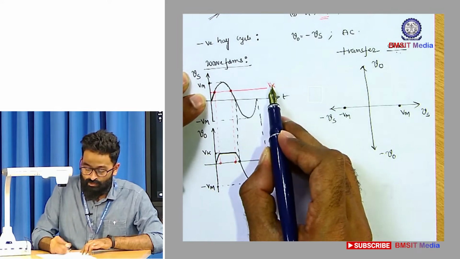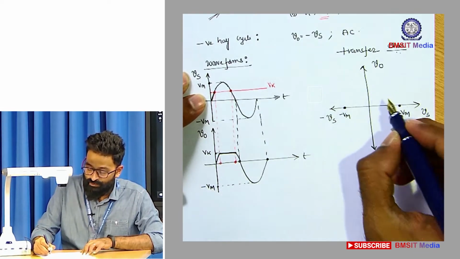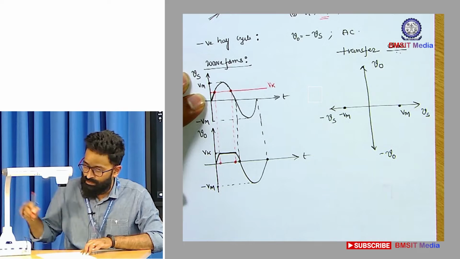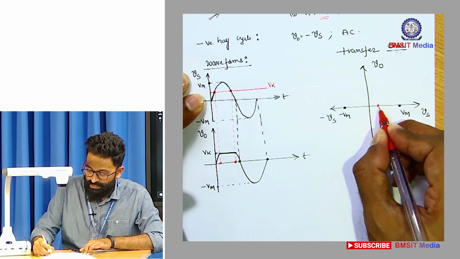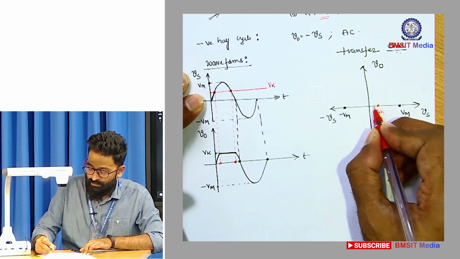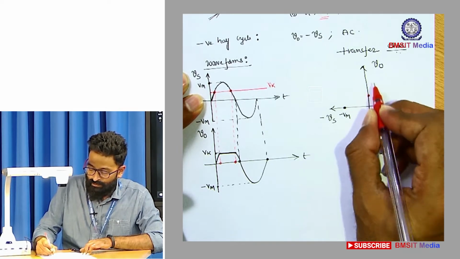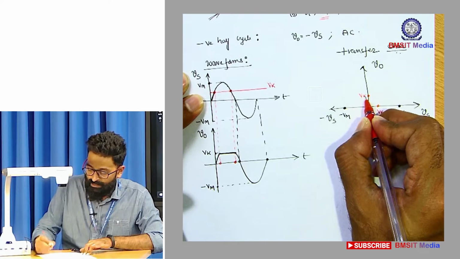So the Vk was affecting the positive half cycle of the input, so let me mark Vk in the positive half cycle. So somewhere here I'll mark Vk, and also along positive output I'll mark Vk.